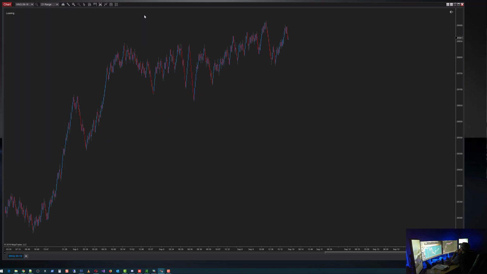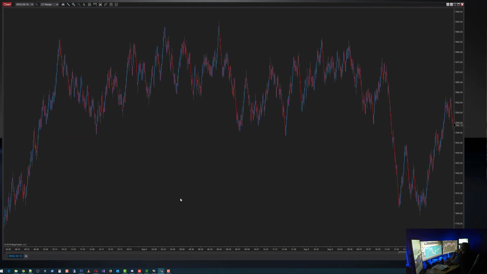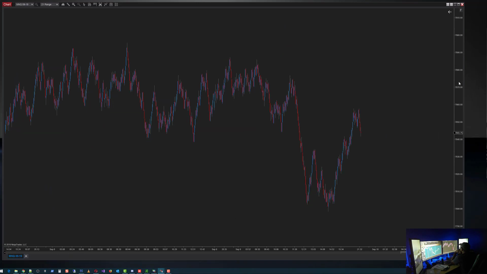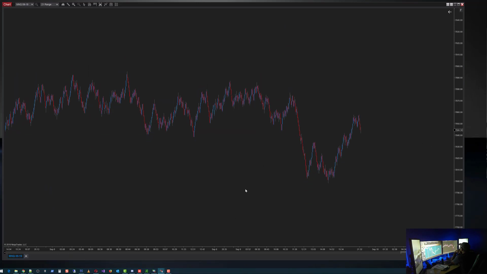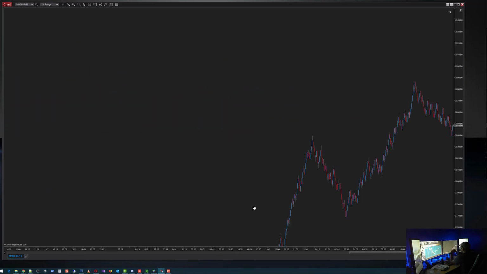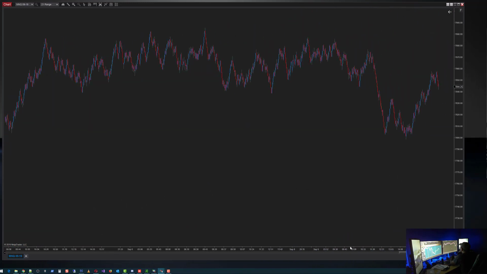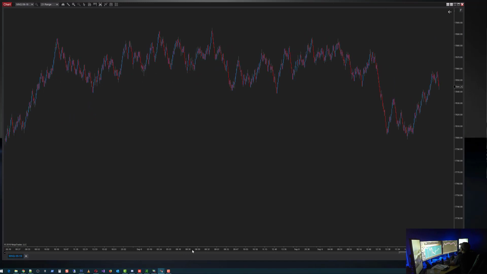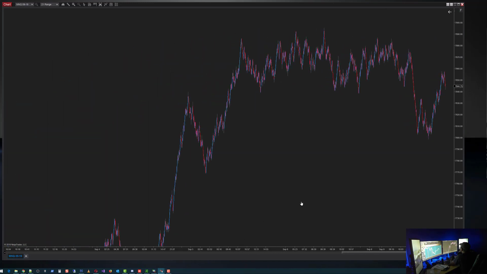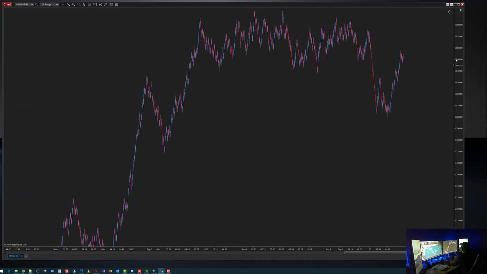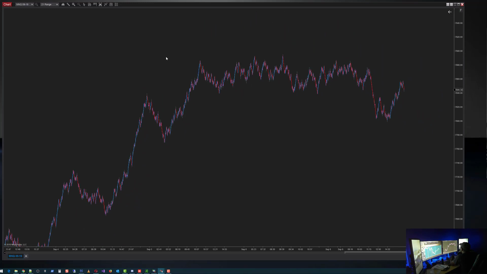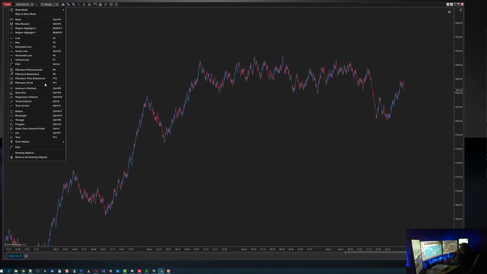Actually, wait, let me finish loading. Alright, so this is the 21 range on the NQ. Let's take the fibs and see what's going on here.